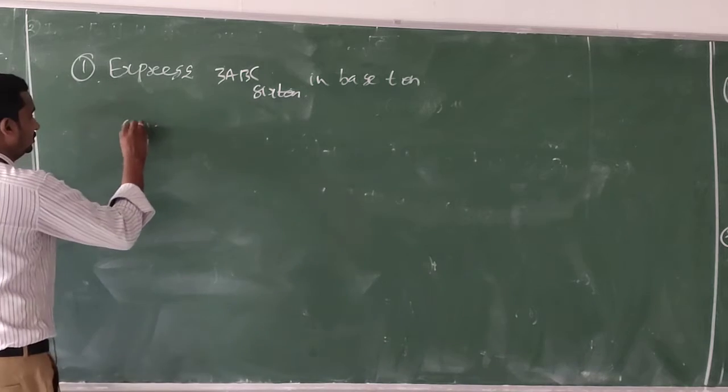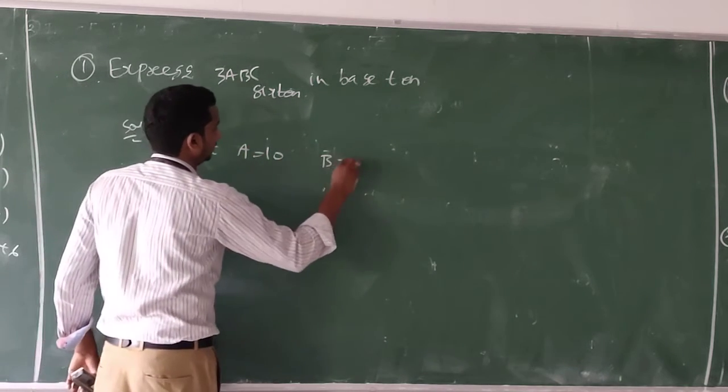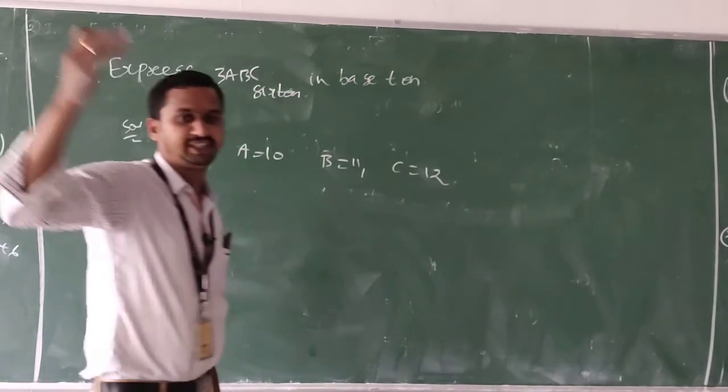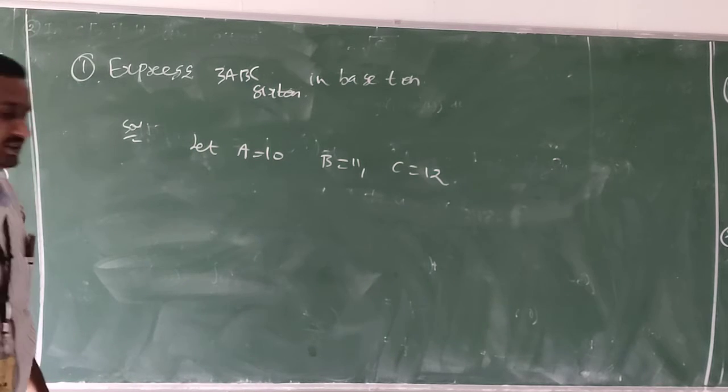So write the solution. Here let us substitute first: let A equal to 10, B equal to 11, C equal to 12. Similarly D, E, F, and now you can convert them into the next digits.